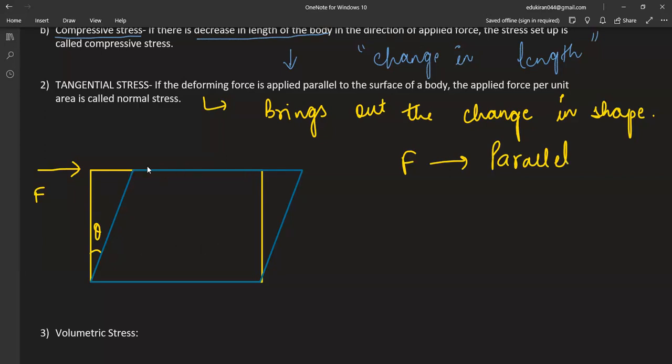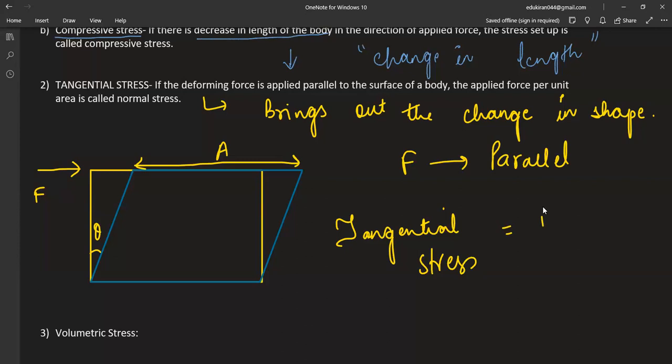And when I'm talking about the area, it means the top surface area. So when we are talking about tangential stress, this is the parallel force applied per unit area.